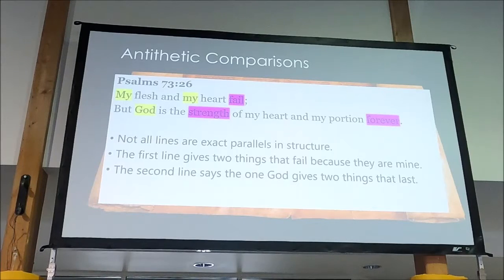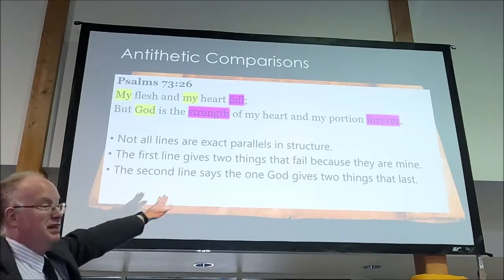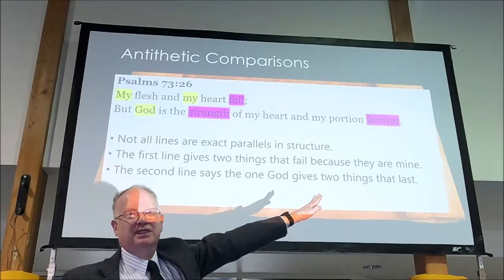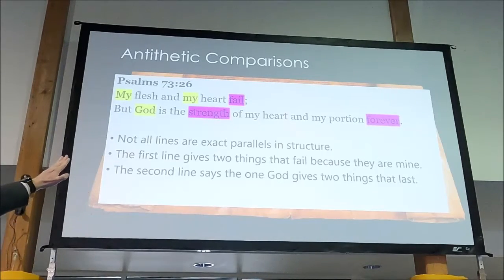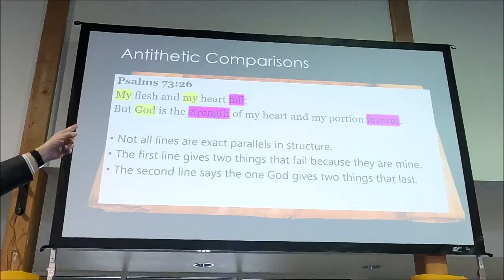But my is done twice, and God's done once. But my heart will fail once. God is my strength and my portion forever. Strength and forever talks about something that lasts versus something that doesn't.